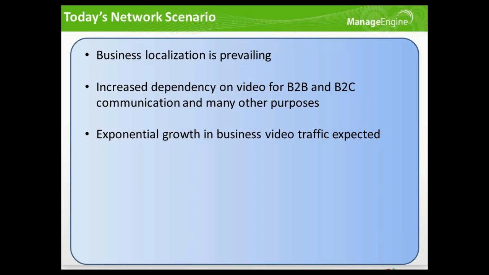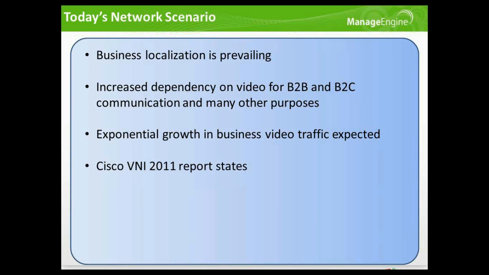All this requires video. More enterprises have also adopted things like Cisco digital signage, Cisco TelePresence, Cisco WebEx, and many more media-based applications. It is said that media or video traffic usage by enterprises will increase exponentially over the next few years.